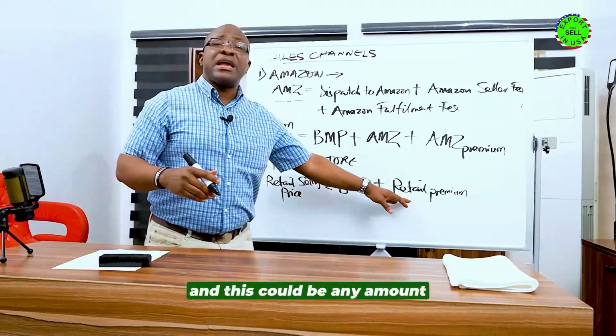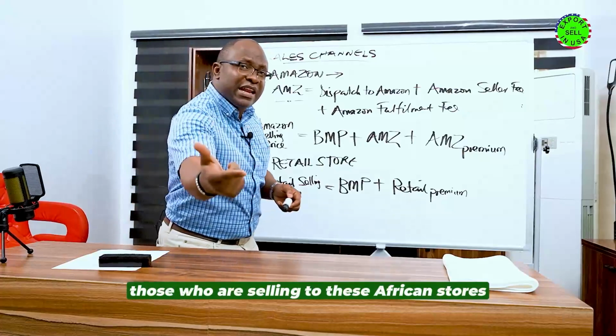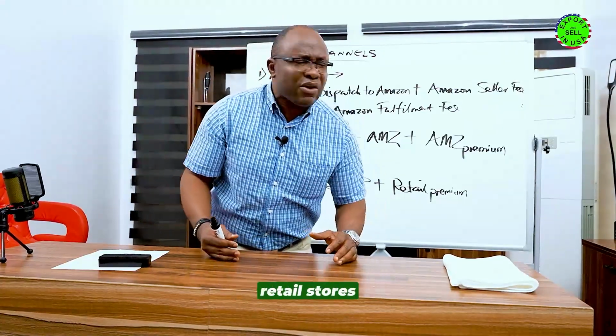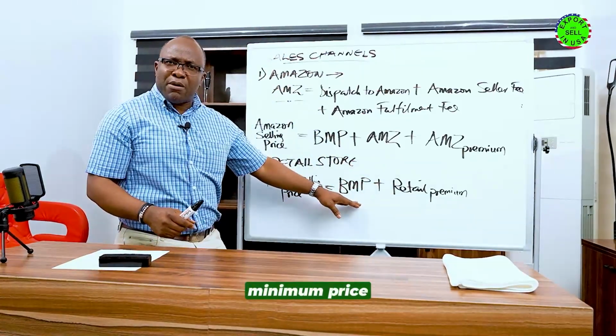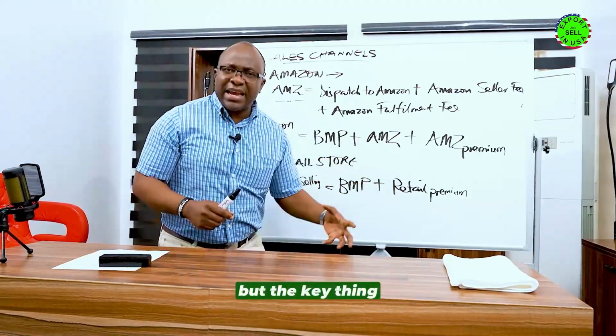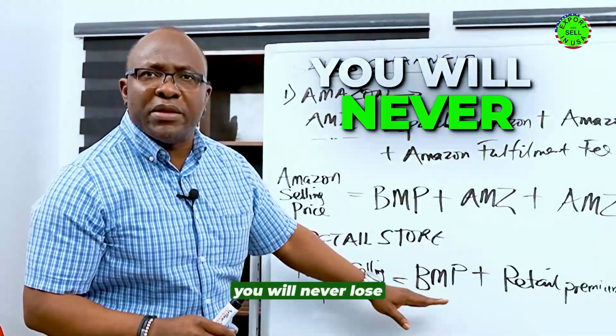Right? And this could be any amount. If you do your research and you see that those who are selling to these African stores, those who are selling to all these other US retail stores are selling at a significantly higher price than your base minimum price, then you can increase this. But the key thing is that knowing your base minimum price, you will never lose.